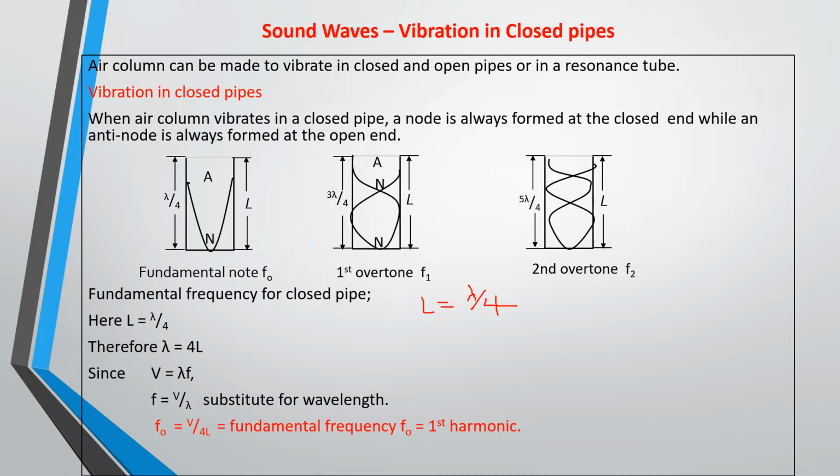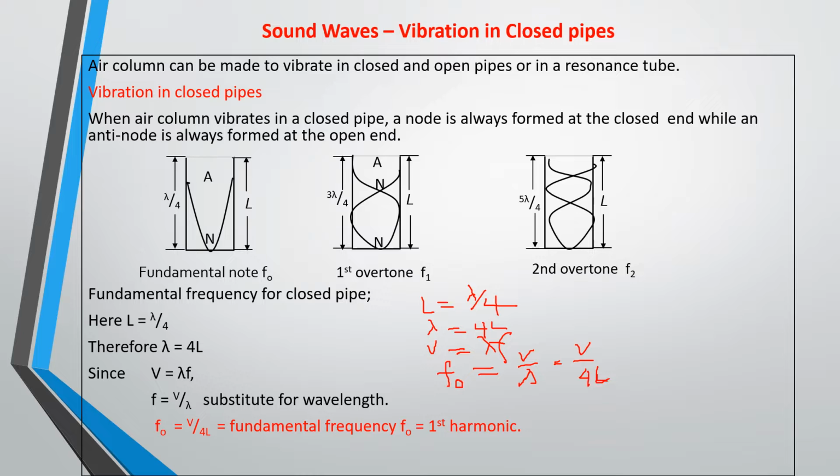So we have that wavelength is equal to 4 times L. Then from our wave equation, V is equal to lambda F. So the fundamental frequency for a closed pipe is equal to V all over 4L.